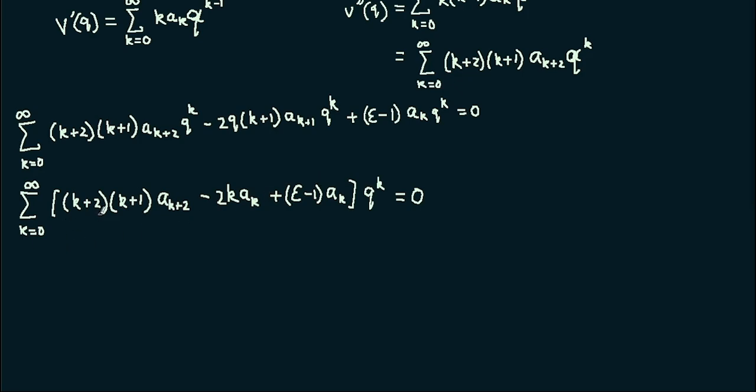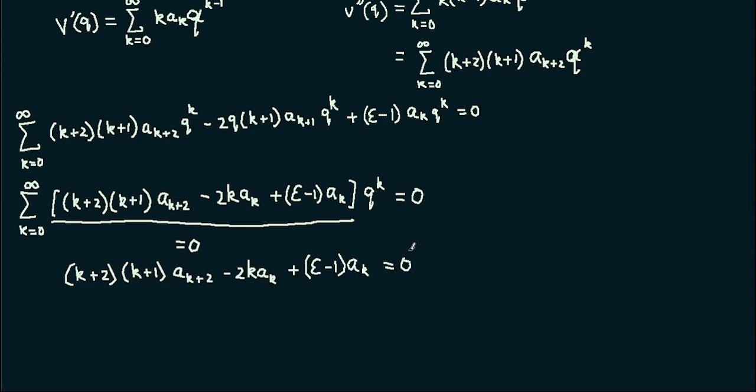Now, this implies that each of the terms must be equal to 0 individually, because we have these powers of q. Therefore, each such power of q must be equal to 0. So we have that this part over here is equal to 0. So let's write that down. So this is what we would get.